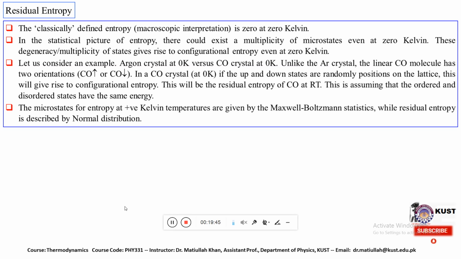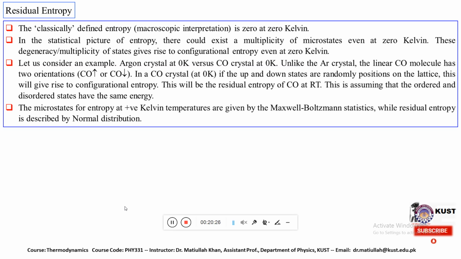Consider an example of an argon crystal at 0 Kelvin versus a carbon monoxide crystal at 0 Kelvin. Unlike the argon crystal, the linear carbon monoxide molecule has two orientations, up and down. In a crystal at 0 Kelvin, if the up and down states are randomly positioned on the lattice, this will give rise to a configurational entropy, which leads to the residual entropy of carbon monoxide.